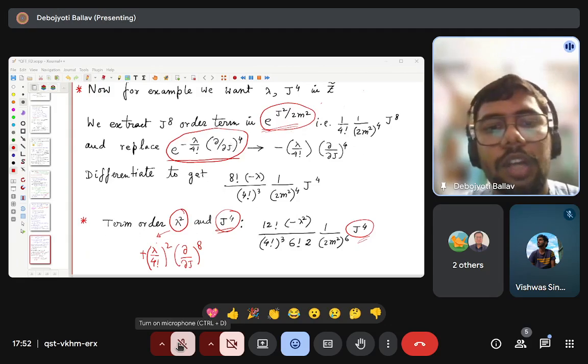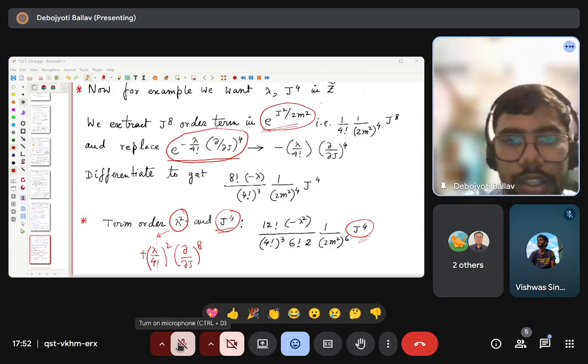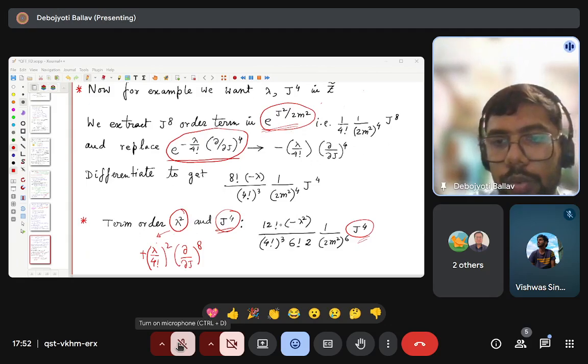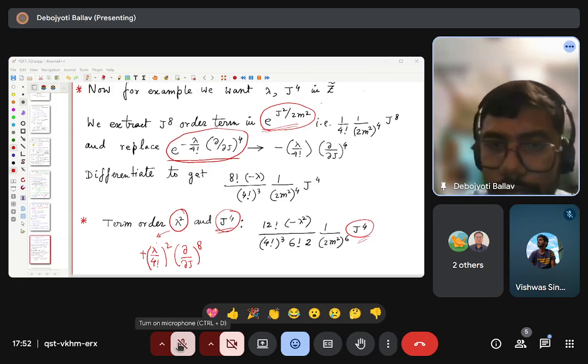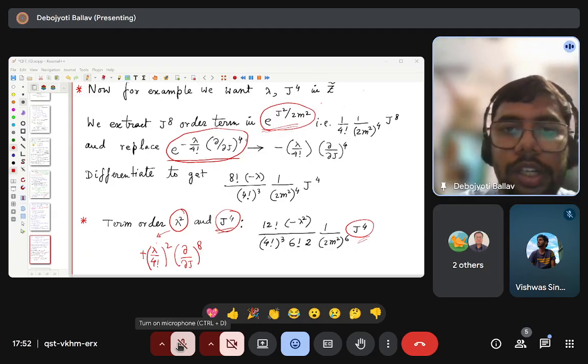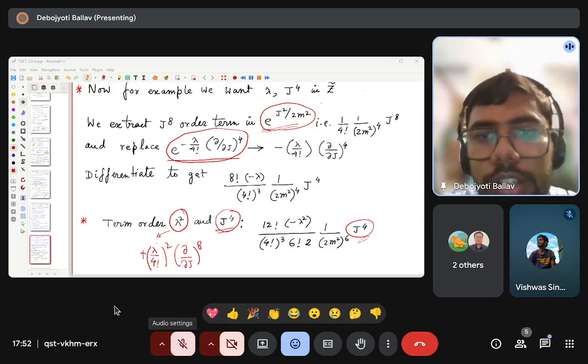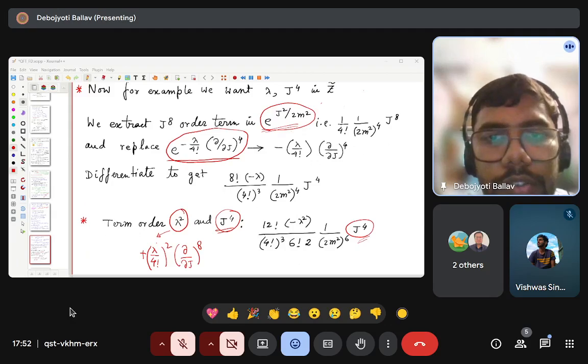From this term we have taken the second order term, which gives you del j whole to the 8, and at the end of the calculation you want the j to the 4th term, because you want lambda square and j to the 4th. That is the term by term you can evaluate, because you have two exponentials, you cannot just merge them together because they are operators.